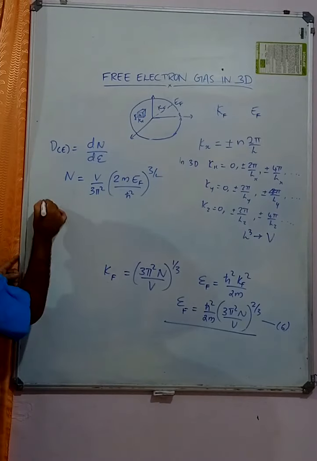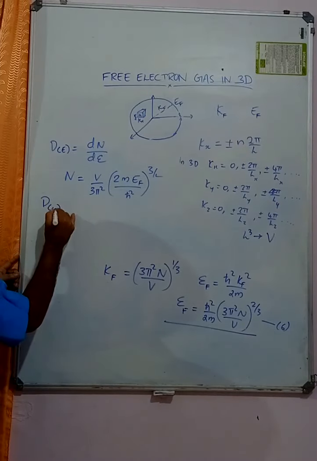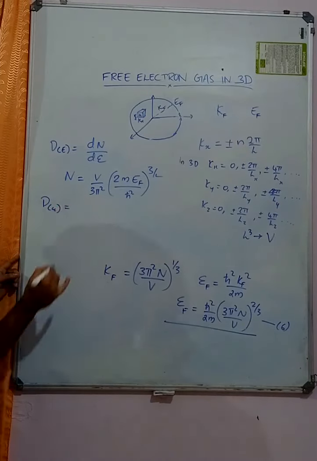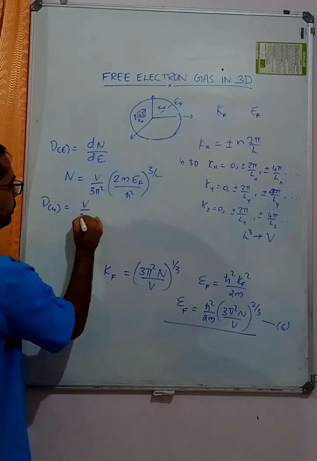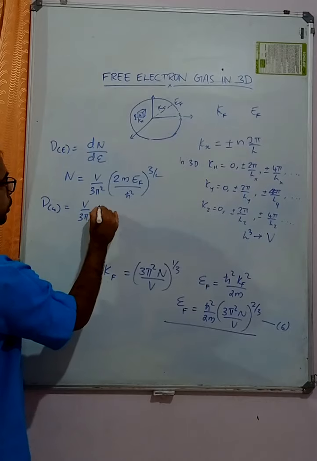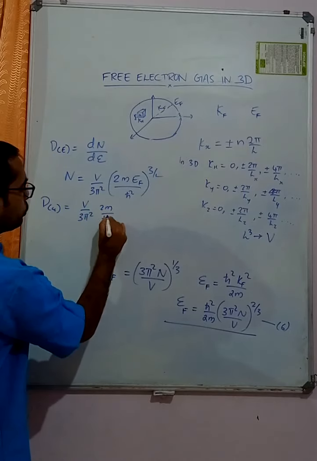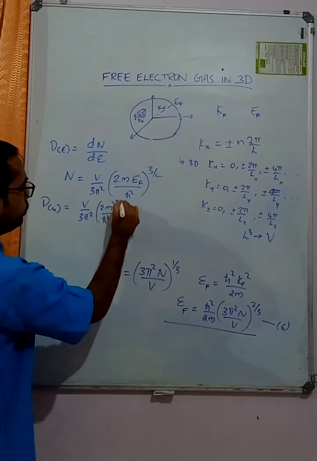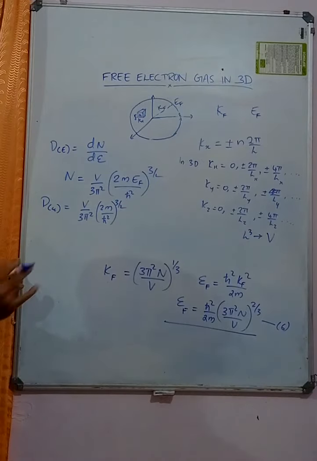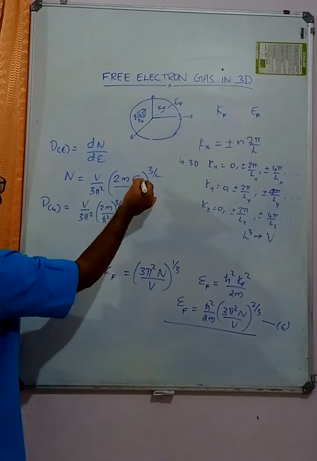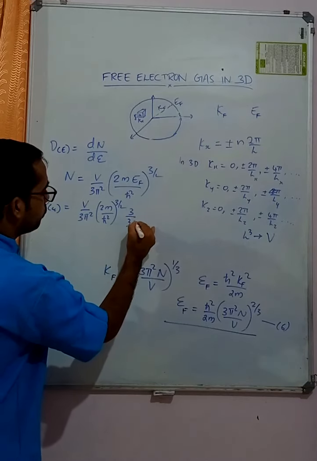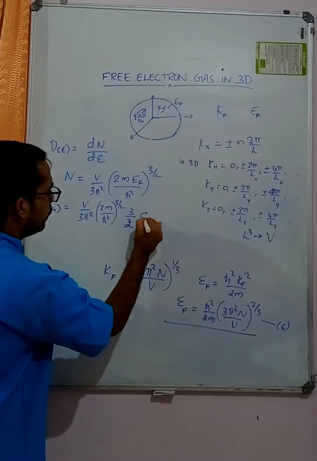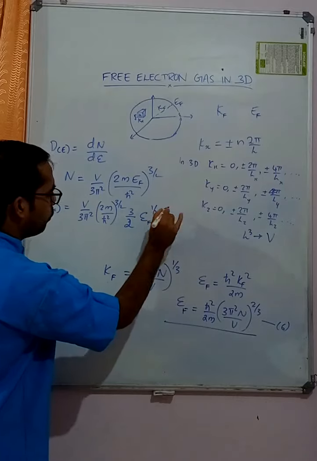In order to get the expression for density of states, you can differentiate this with respect to energy. So this will be V by 3 pi square, 2m by h cross square all raised to 3 by 2, into, when you take the differential, 3 by 2 EF raised to half.